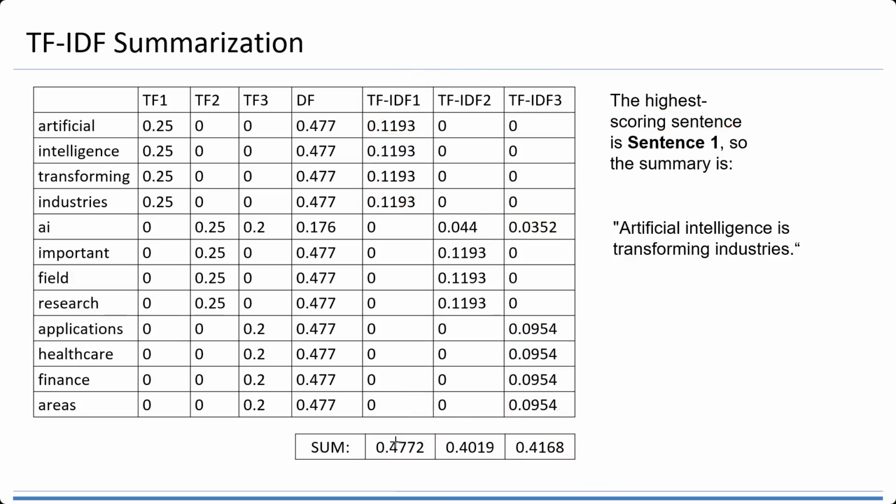Because this is the highest among the other sentences, then we can say the summary. Let's use sentence 1. Then among the 3 sentences, the summary is sentence 1, and the summary is: artificial intelligence is transforming industries. Okay. And this is the summary.